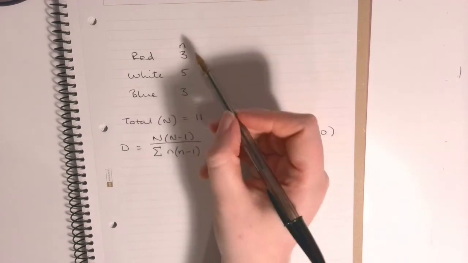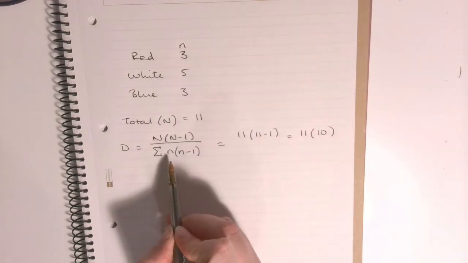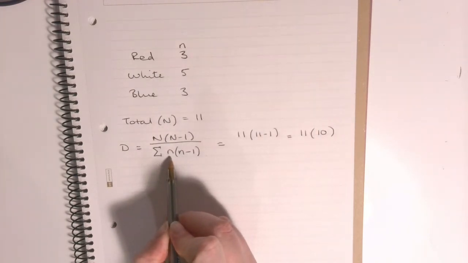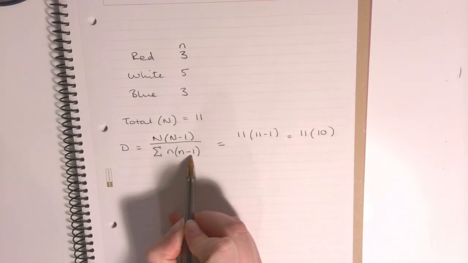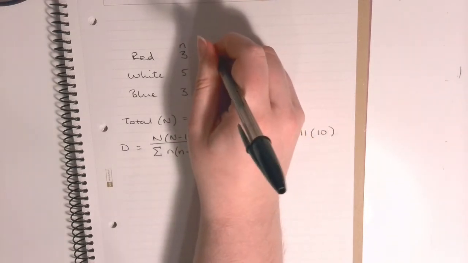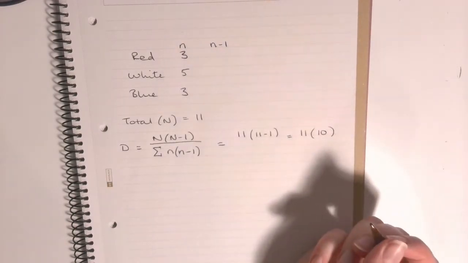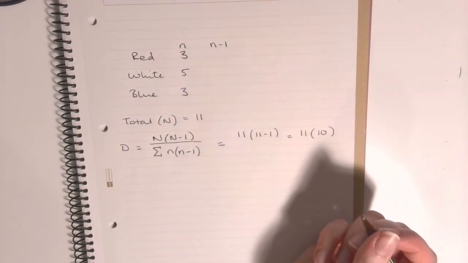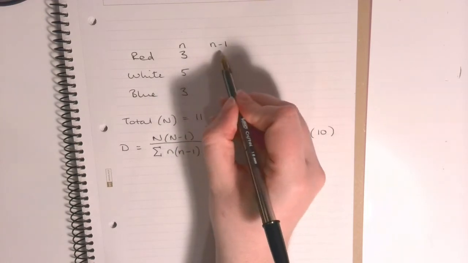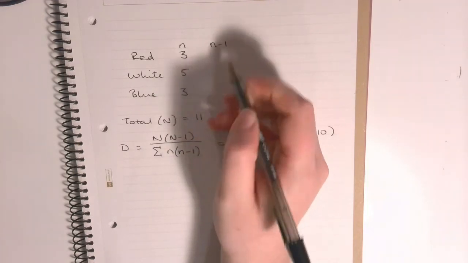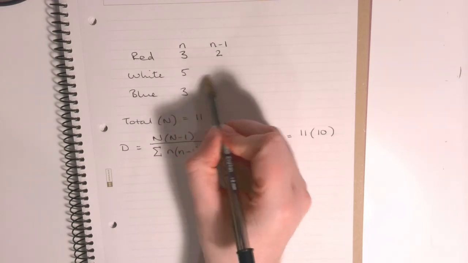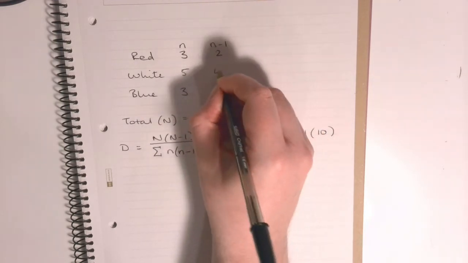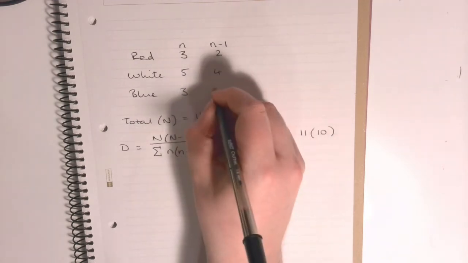So what I would do is I'd go up here. We have to multiply each individual species by its number minus 1. So I do another column up here like this when setting it out. Our n for red is 3, so 3 minus 1 is 2. 5 minus 1, 4. 3 minus 1, 2.